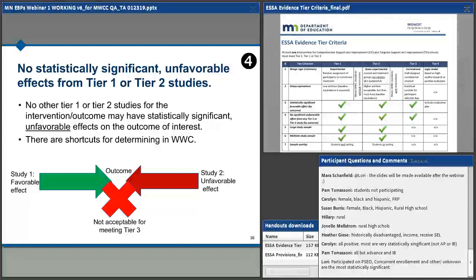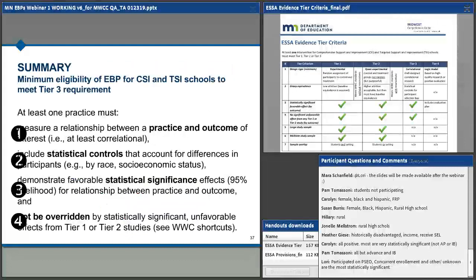You need to be cognizant of what other studies are saying about the impacts. And if there are studies that have a significant negative impact specifically, then that would actually override your results and the study would not be eligible for Tier 3. And I'm going to show you the shortcut for that in a moment.